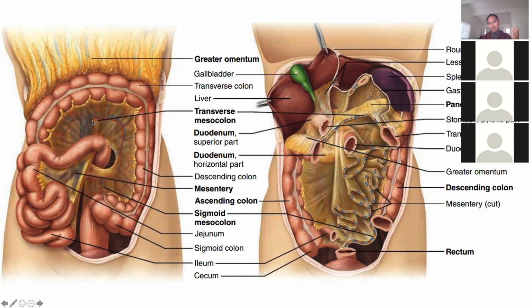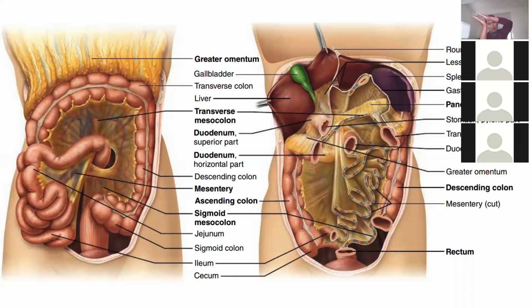So the terminologies mesentery and mesocolon are the same structure. Of course, if they are going from the posterior abdominal wall to the colon, then we call it mesocolon. If we are going to the small intestine, we say mesentery, but essentially the structure is the same.